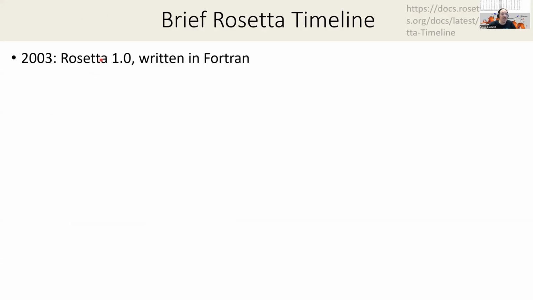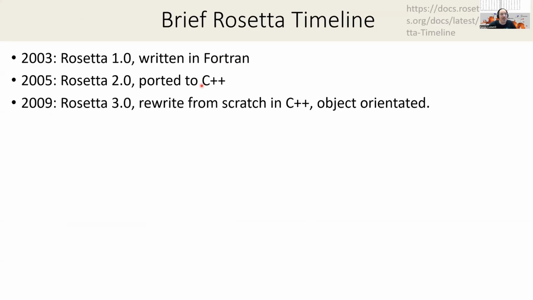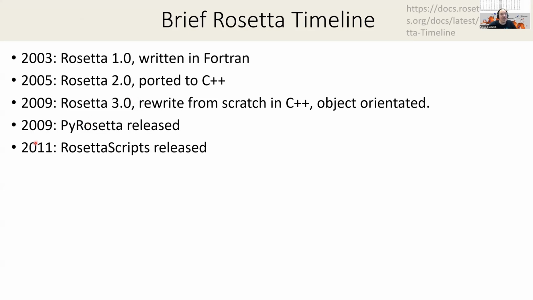So basically, Rosetta is an amazing piece of software that also has a long history. It was first released in 2003, and that was written in Fortran. Then in 2005, Rosetta was ported to C++, but it was sort of a mechanical port. Then in 2009, it was rewritten as an object-oriented library, which is sort of the same architecture that it has now. In 2009, PyRosetta was also released, and then in 2011, RosettaScripts was released.